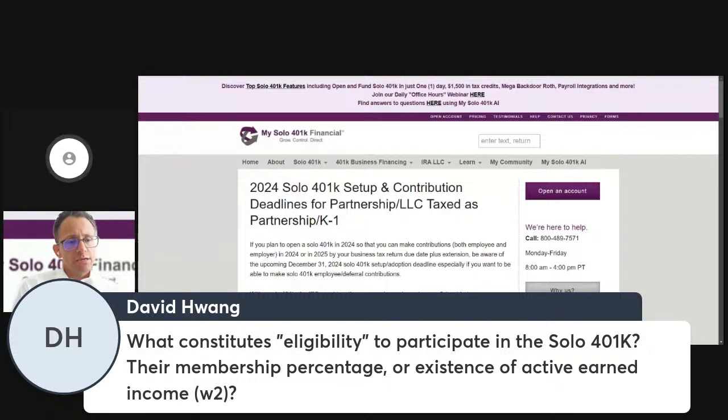If they're only owners in the business, they have to be at least 3% or more, but they don't have to contribute. But that's going to impact you because in order for you to be eligible for a solo 401k, your adult children have to be 3% or more owners in that LLC, even if they don't contribute.